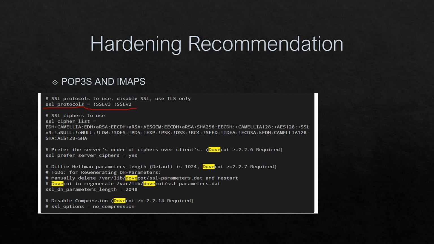But to be safer, I will encourage you to include the command codes to cancel the RC4. Another thing it also mentioned is about the DH parameters that have to be greater than 1024. Look at this.